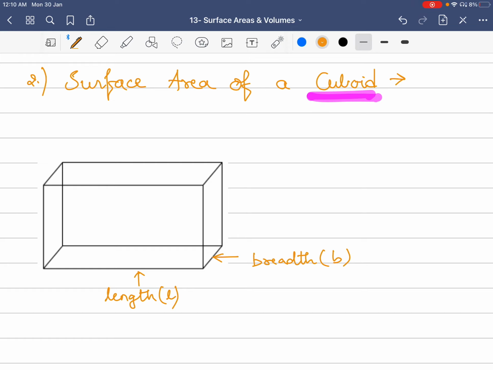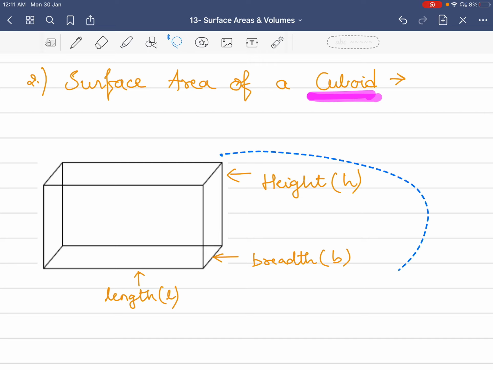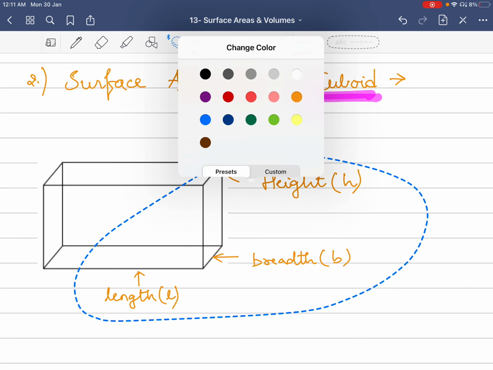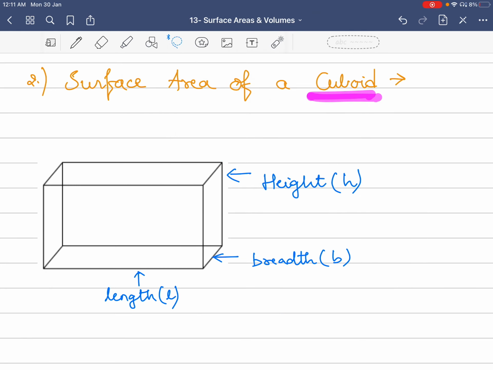Let's call it B. And finally this is our height, the height of the cuboid, height H. In fact, we should have used different colors, but that's fine. Let me just change the color. So we have height, breadth, and length of the cuboid.